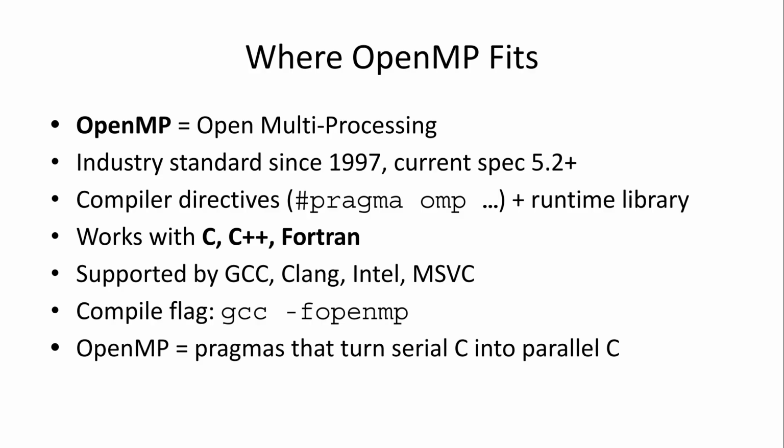The compilation flag is gcc -fopenmp followed by your file name, and it will compile that code using OpenMP. In summary, OpenMP is nothing but a bunch of pragmas that take your serial code and convert it into parallel C code without modifying your code significantly.